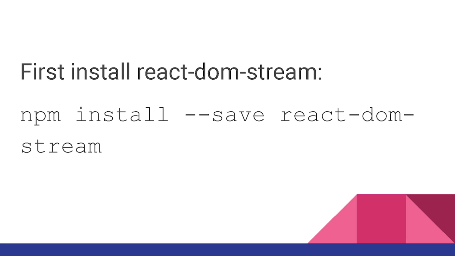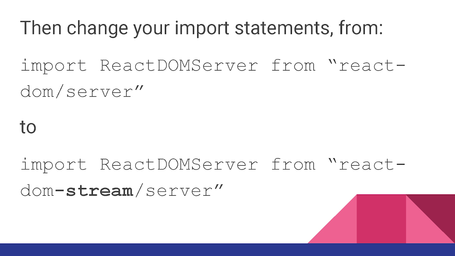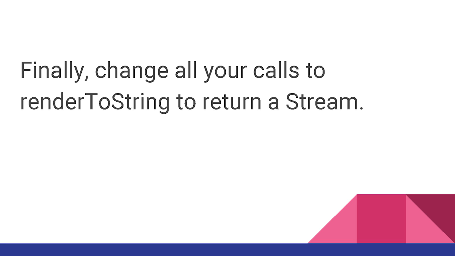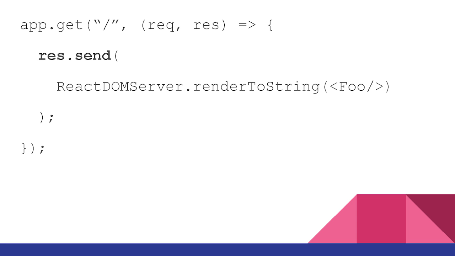Okay, so if you want to use React DOM Stream, how do you do it? First, you have to install it from npm, obviously. Then you need to change your import statements. It's really simple. It's just React DOM Stream server. I tried to make it as similar to React DOM as possible. Then you need to change your render to string calls to return a stream. What that might look like is something like this.